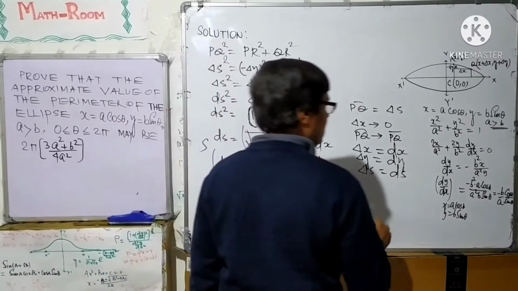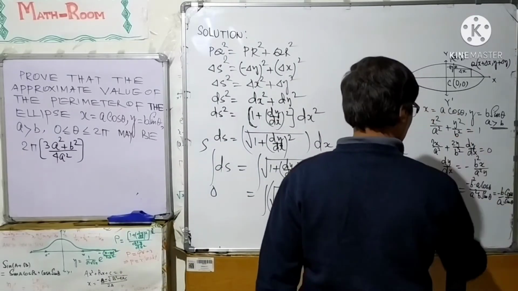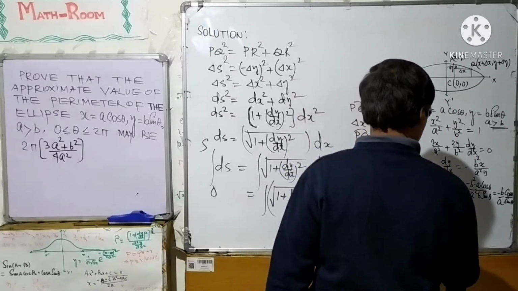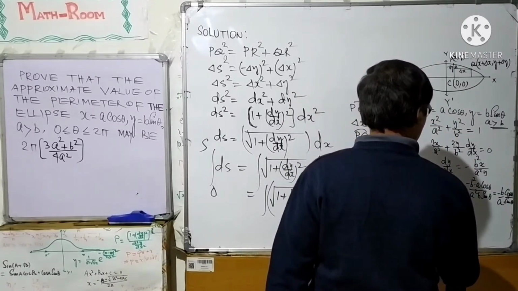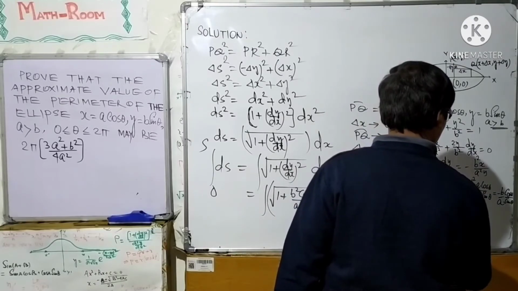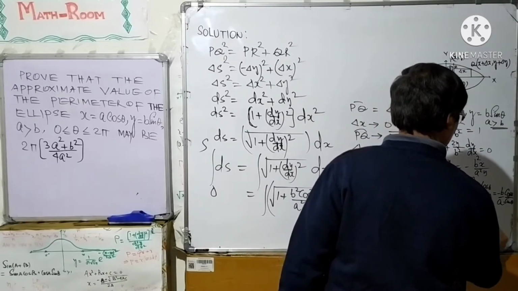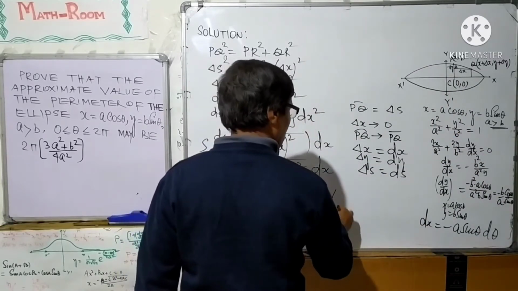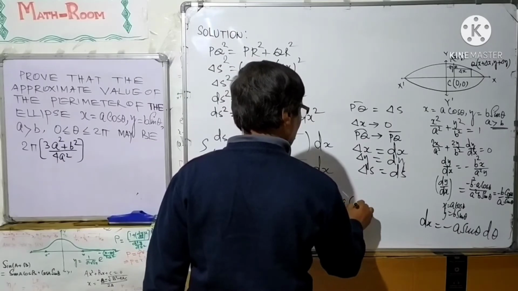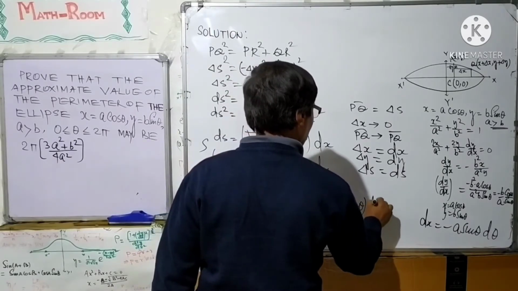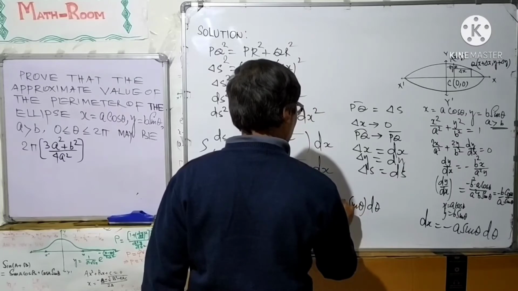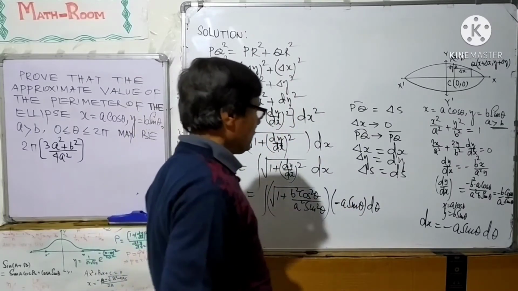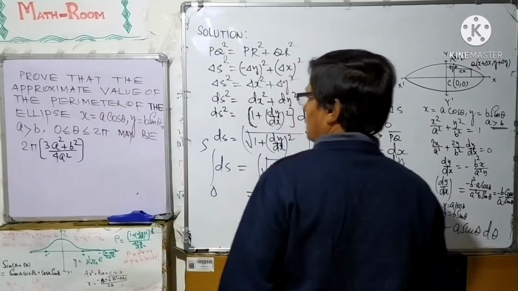Also we can take the differentiation of x equal to a cos theta, that is dx equal to minus a sin theta d theta. So we put this minus a sin theta d theta.